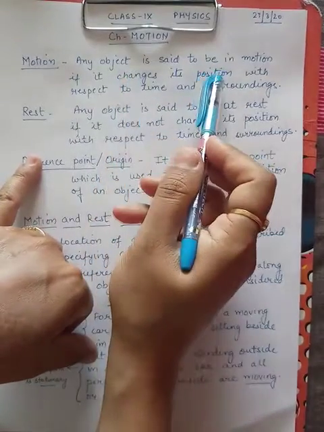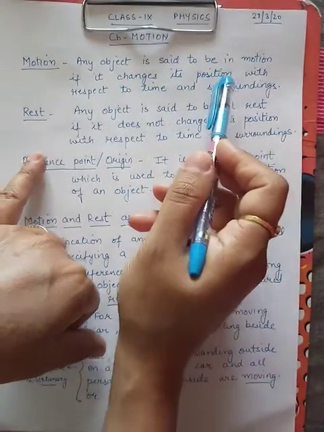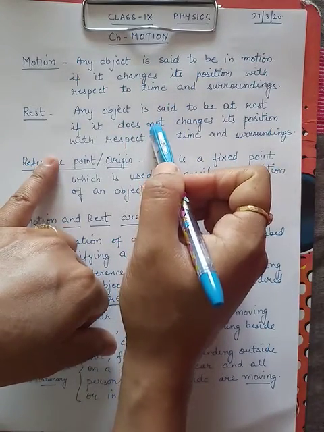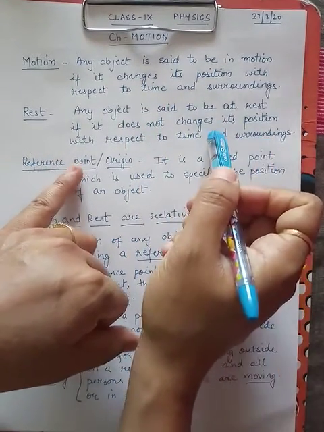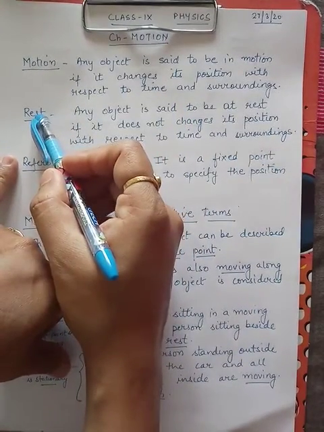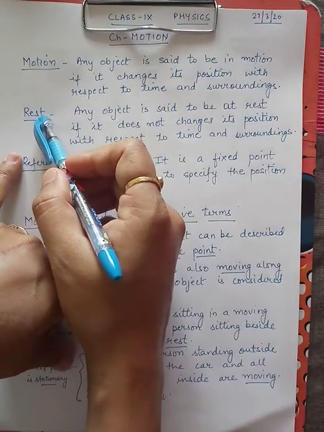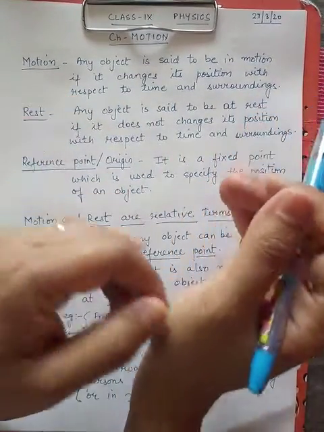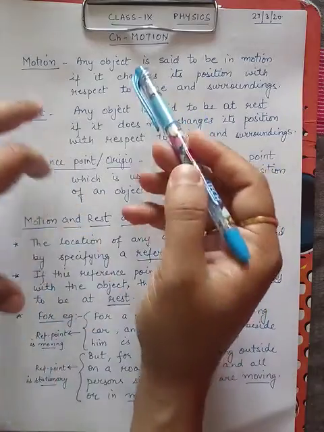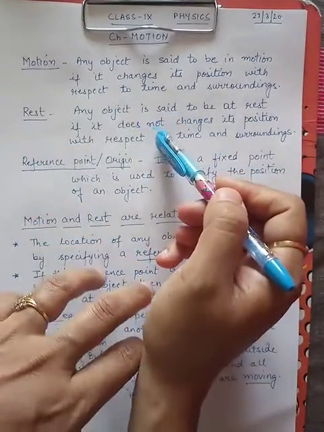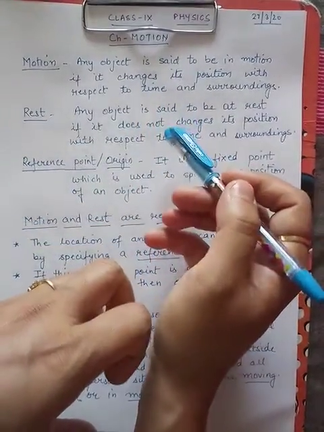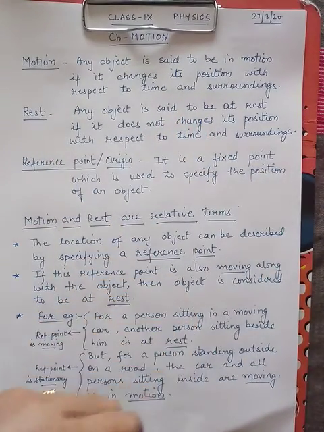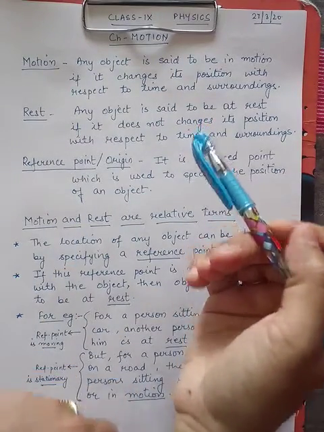When the object is changing its position with respect to time and surroundings, it is said to be in motion. When the object does not change its position with respect to time and surroundings, then it is considered to be at rest, right? That means it is stationary. Stationary means रुकी हुई object, right? So these are the 2 terms that we need to understand according to science, or according to the bookish language, how we will define these 2 terms.